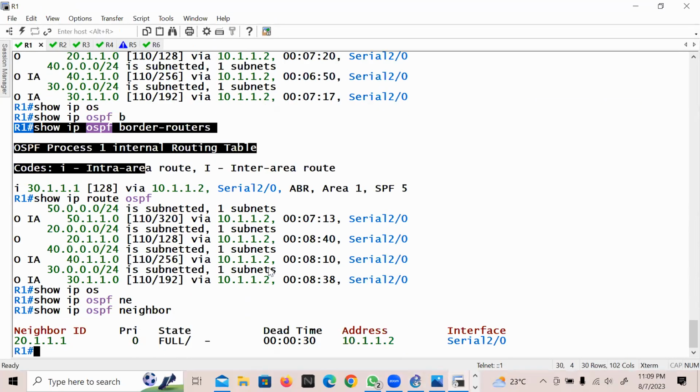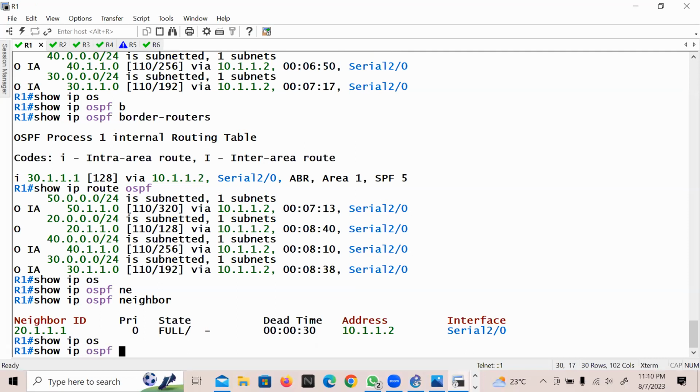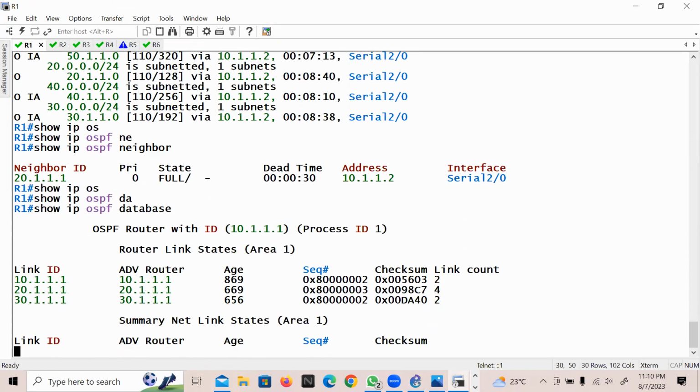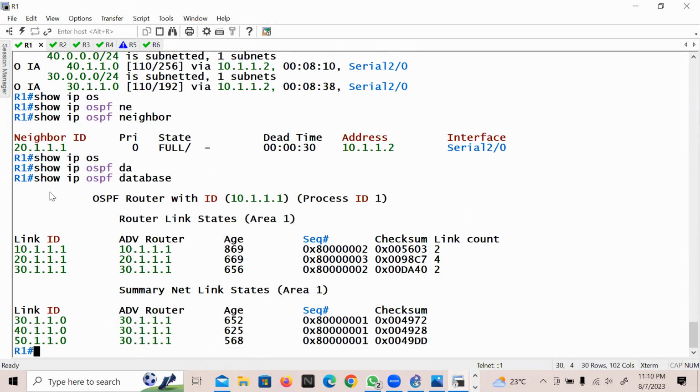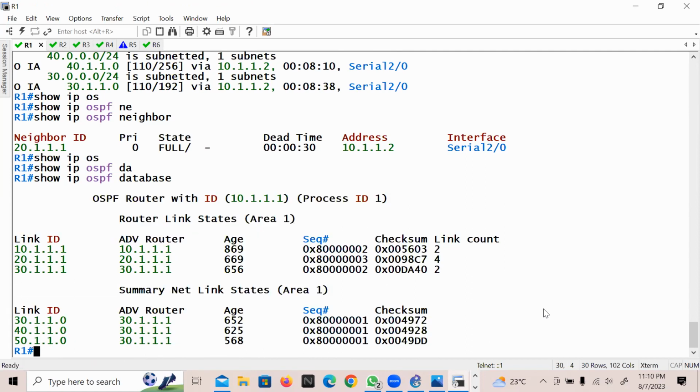And one more thing. One more command in OSPF: show ip ospf database. This command will give you your LSA information. There are two kinds of LSA. The first one is the router LSA, and the second one is the ABR summary LSA, which is the third type.